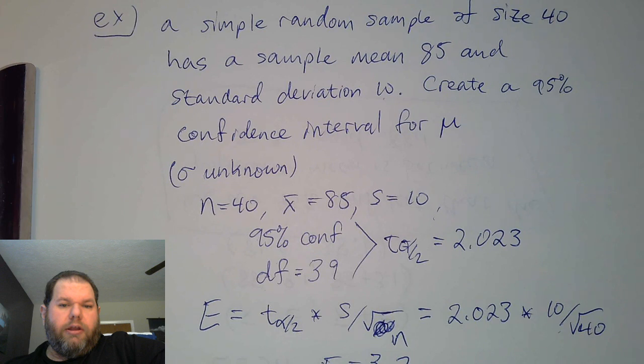And that's generally what happens if everything else is equal. If we go from knowing the population standard deviation to only knowing the sample standard deviation, it creates more uncertainty, and so we're going to end up with a larger error term as a result. We went from 3.1 when we had sigma to 3.2 when we only had s.